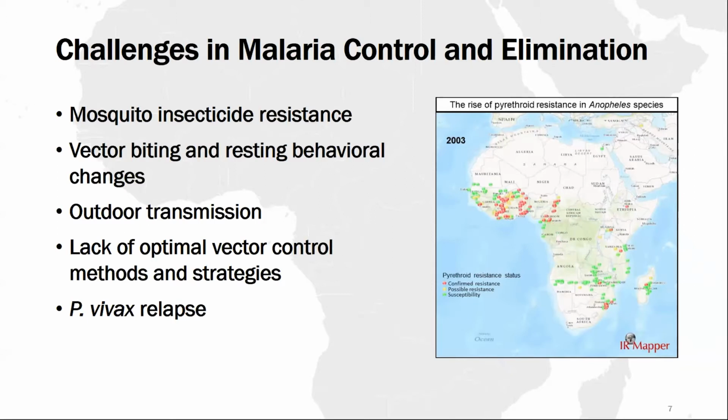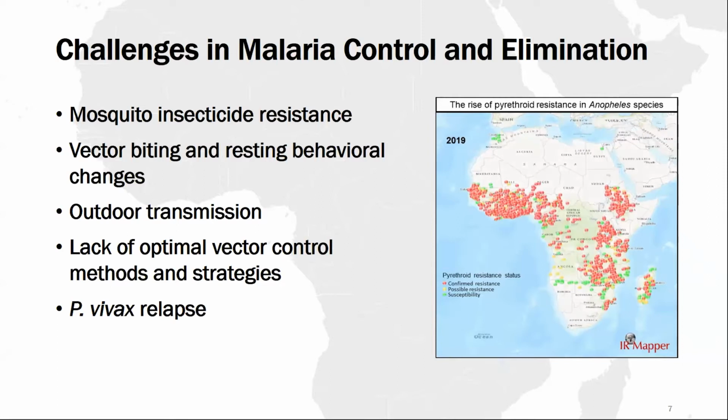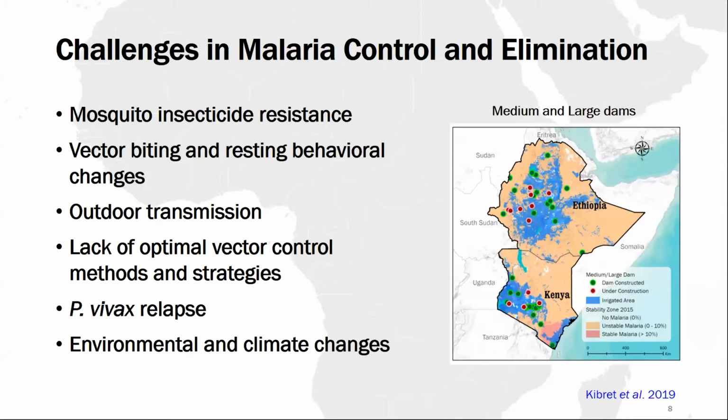Ethiopia accounts for about 12% of the global cases and deaths due to vivax malaria. Vivax relapse represents a major challenge to malaria elimination in Ethiopia. Additionally, as explained by Rick, environmental changes and climate changes further modify malaria transmission dynamics and pose additional challenges to malaria control and elimination.